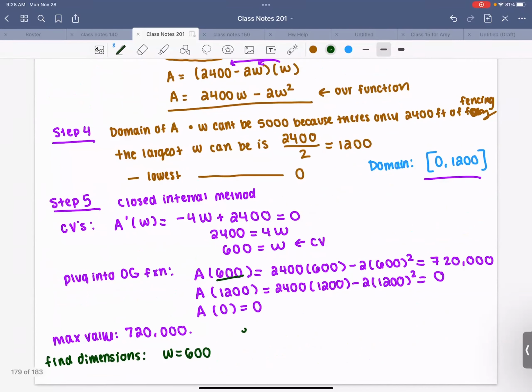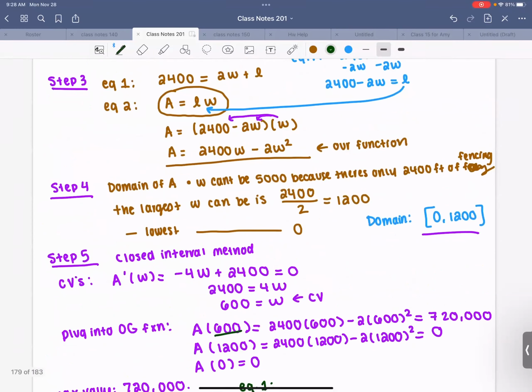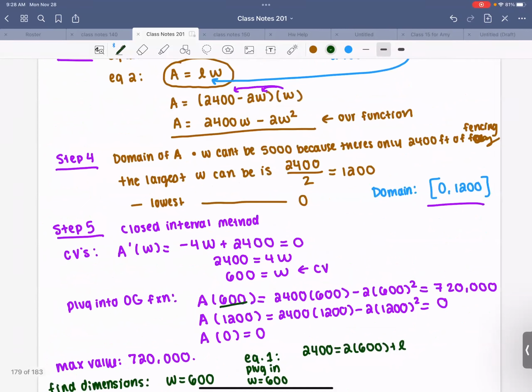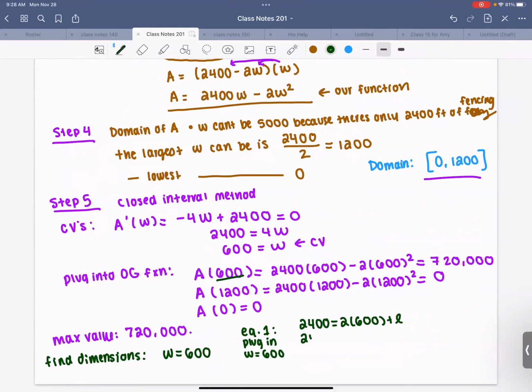Good, so I'm going to take equation 1, and I'm going to plug in W equals 600. So equation 1 says 2400 equals 2 times W, which is 600, plus L. You're going to solve for L, so 2400 is 2 times 600, which is 1200, plus L, and then subtracting off 1200 gives me another 1200.